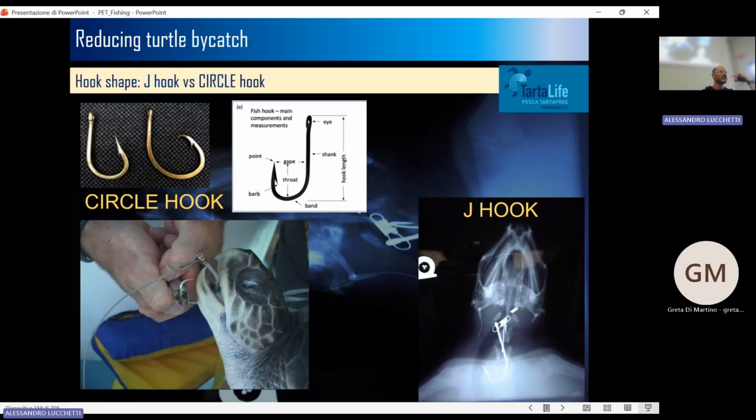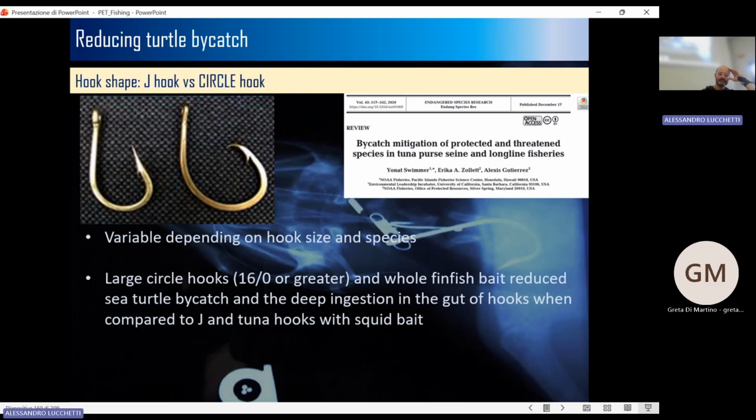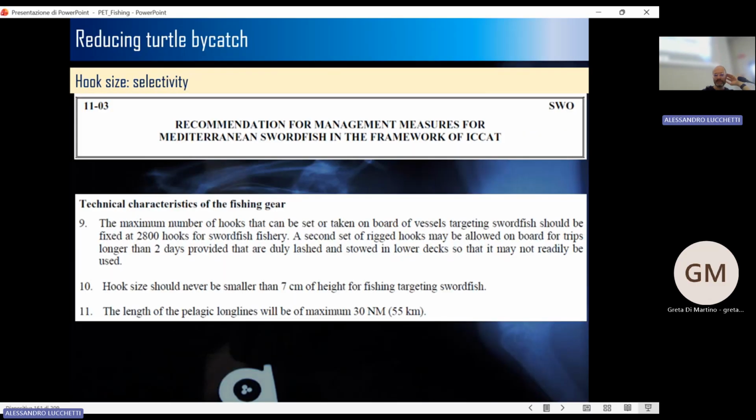The circle hooks remain in the mouth. And the other part of the story is that the use of circle hooks doesn't affect the commercial part. Therefore, that could be an easy solution to reduce the bycatch with drifting long lines.